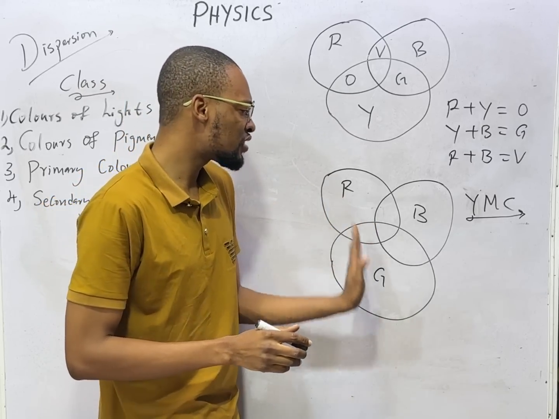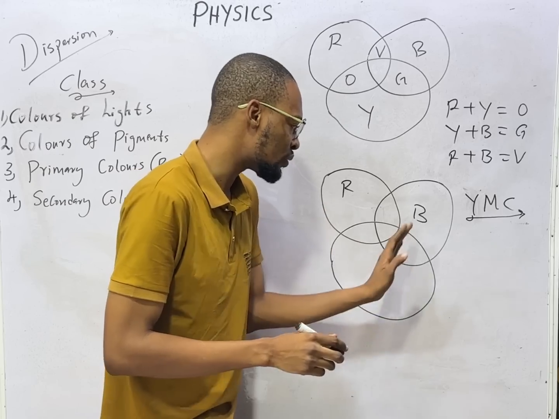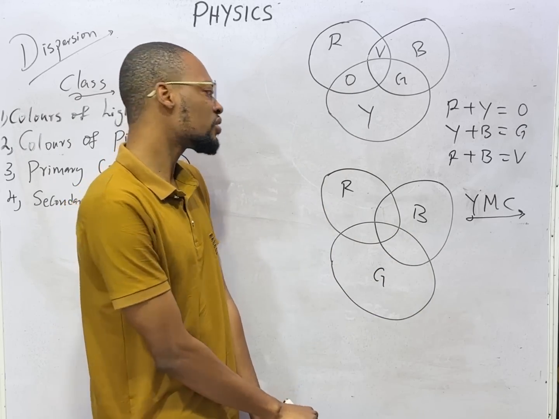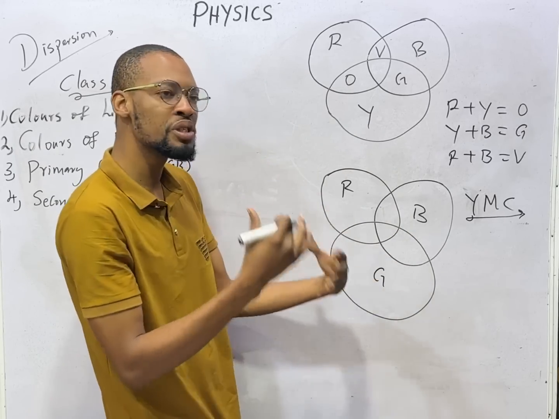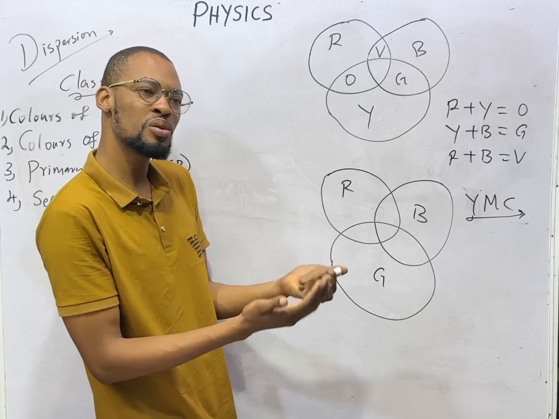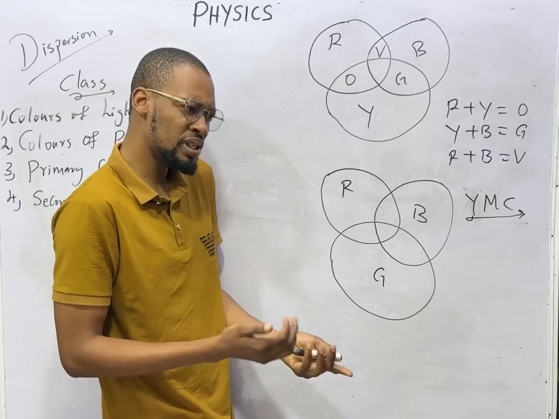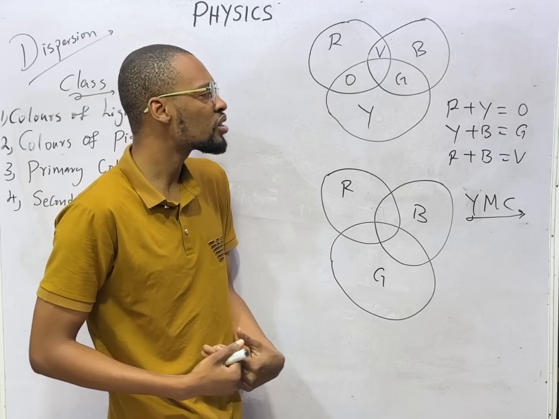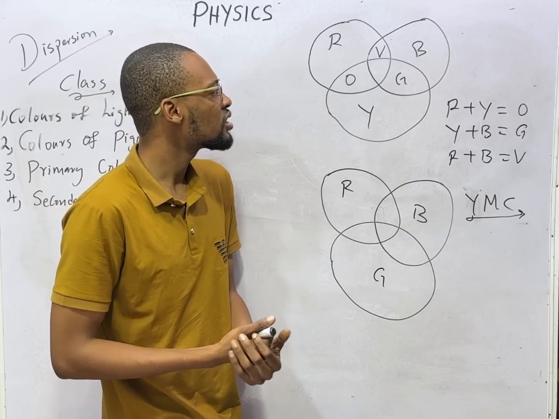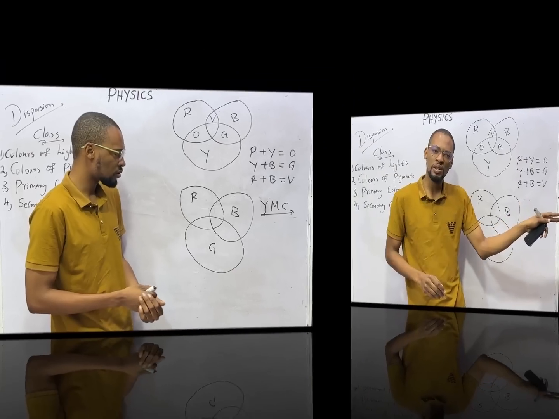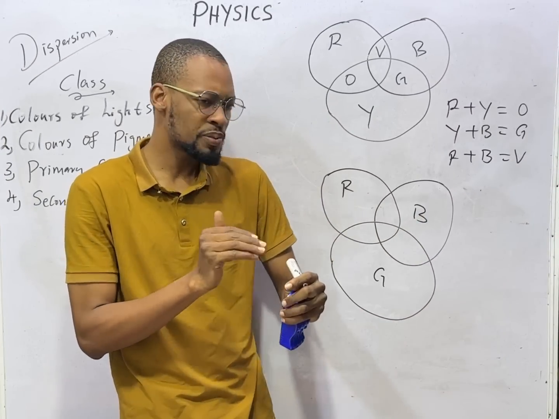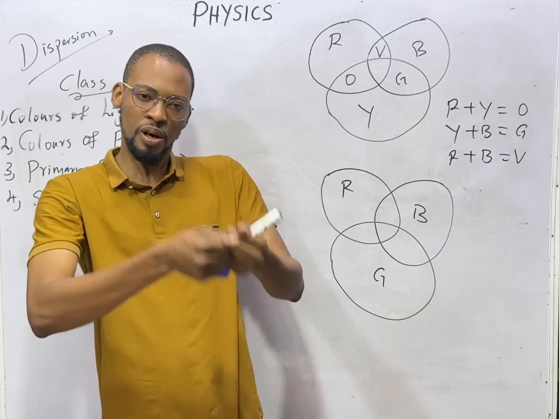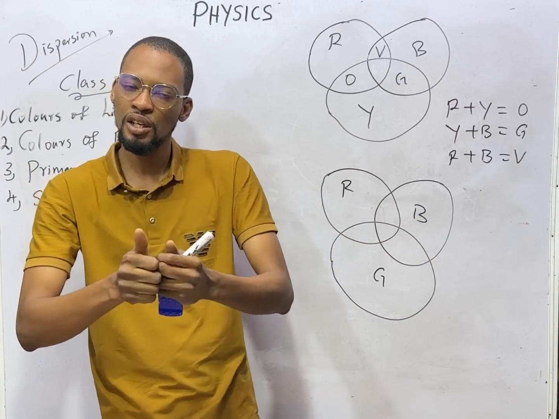So if the additive primary or normal primary colors are red, green, and blue, and we said that secondary colors are colors formed when you mix primary colors, so when you mix two colors and get another color, you are basically dealing with this. The new colors you are getting are obviously secondary colors. But for the case of these subtractive colors, they absorb one color out of the three primaries.